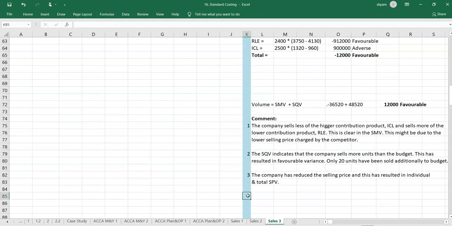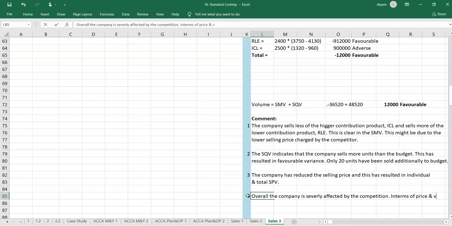So we don't need to put it again, but we can put the overall picture: overall, the company is severely affected by the competition in terms of price and volume sold.